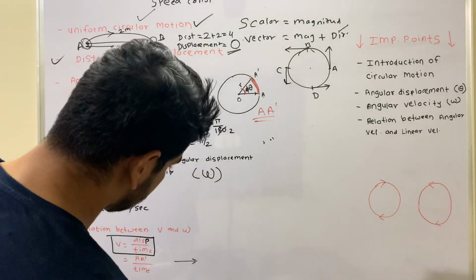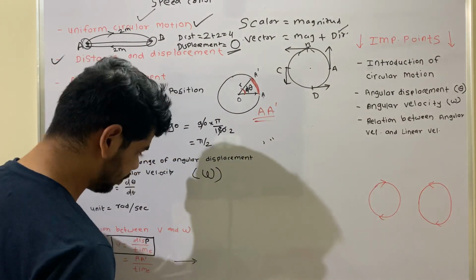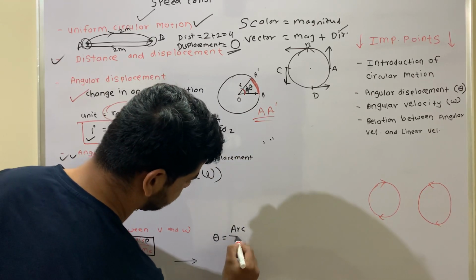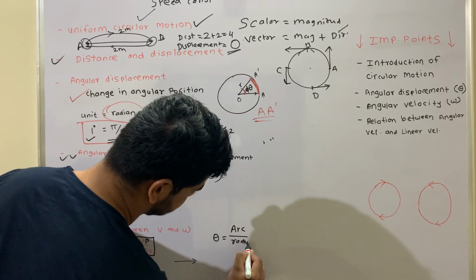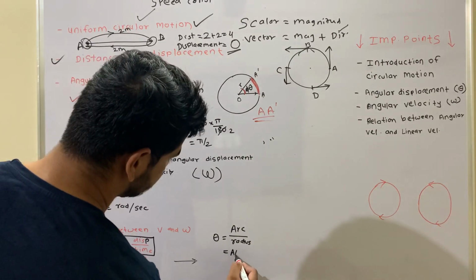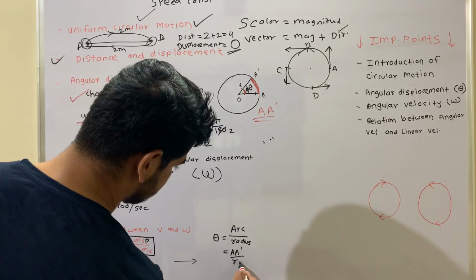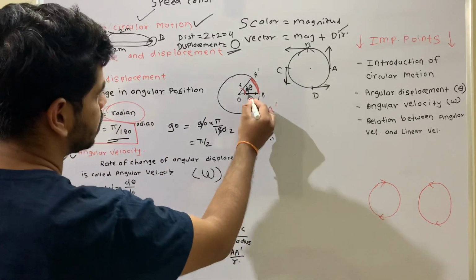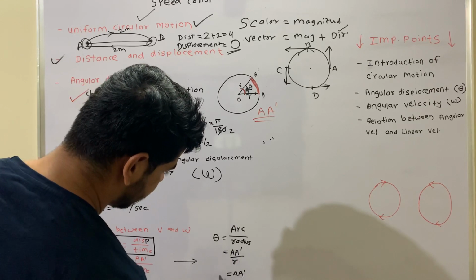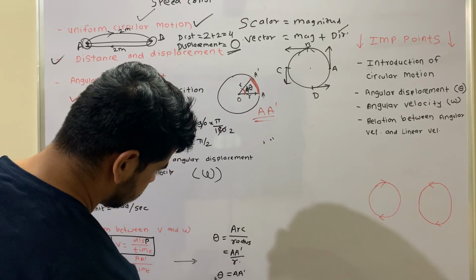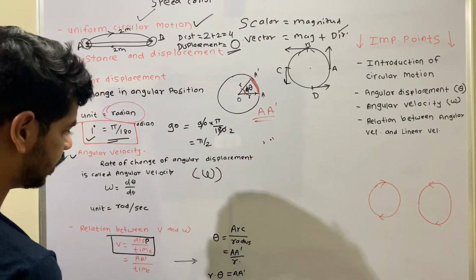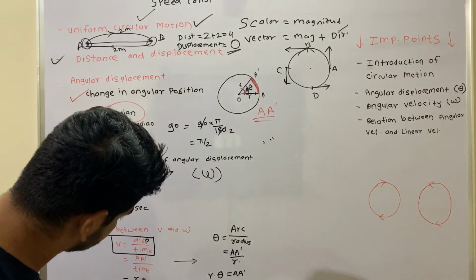Now, what is meant by theta, angular displacement? Can I write theta is equal to arc upon radius? Arc means A dash, upon radius R. So A dash is equal to R into theta.